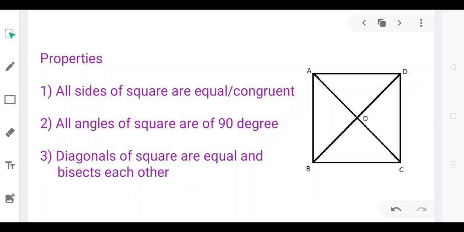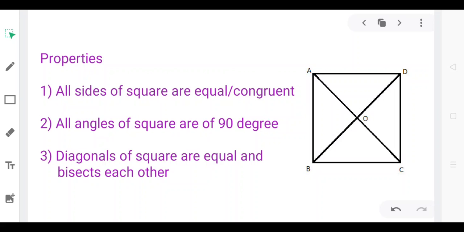Properties of square. All sides of a square are congruent, that is equal. Second property, all angles of a square are 90 degrees. It is the second quadrilateral in which all angles are 90 degrees, and we call it an equiangular quadrilateral.